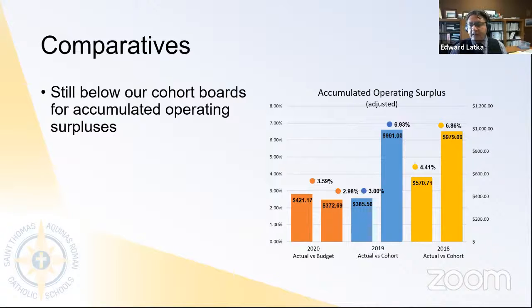And for 2020, where we had planned to be in our budget, where we actually finished up. What I want to say about this is that in comparison to other boards of similar size, I think our board is significantly below what other boards have in terms of what they have for surplus resources or resources to address. It's not to say that that's a bad thing.